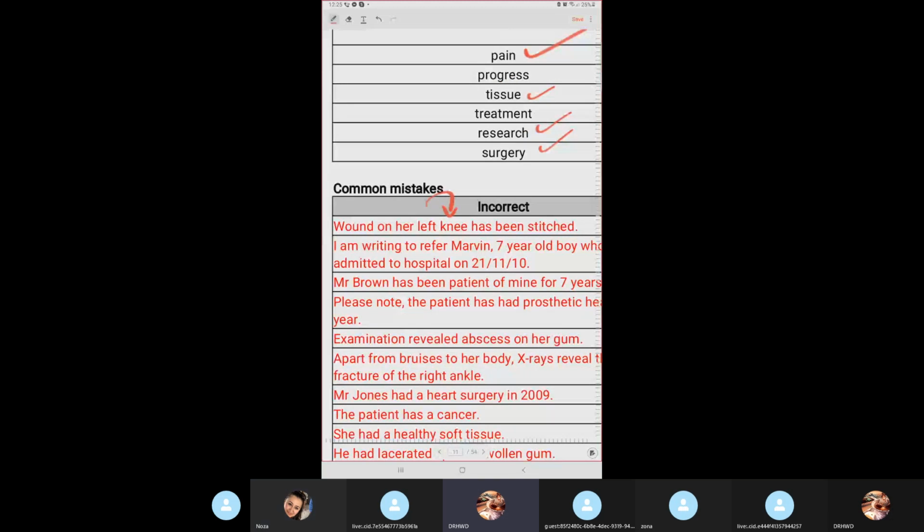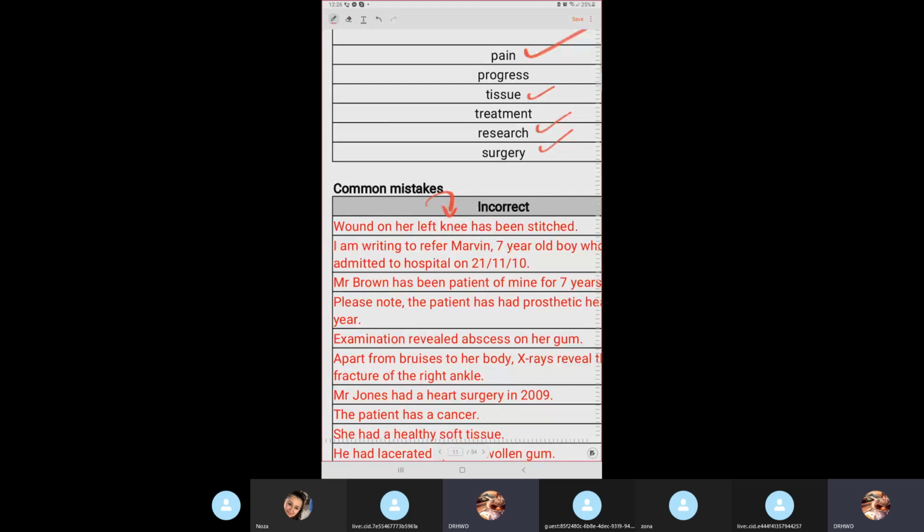I mean, has been. It's like it's one thing, right? The wound already was stitched. Maybe was stitched. Okay, I say wound on her left knee was stitched. Is it correct? I think I will put wound on her left was stitched. Okay, all right.